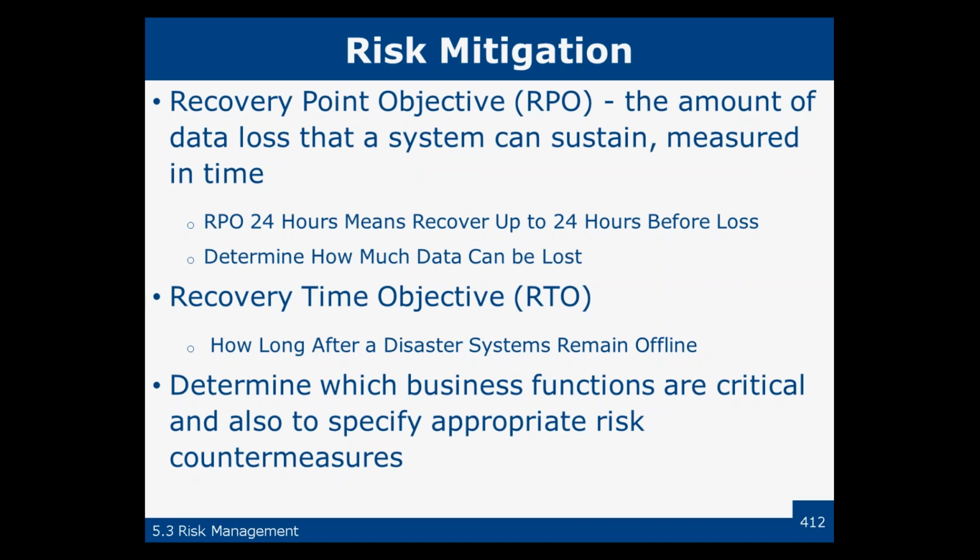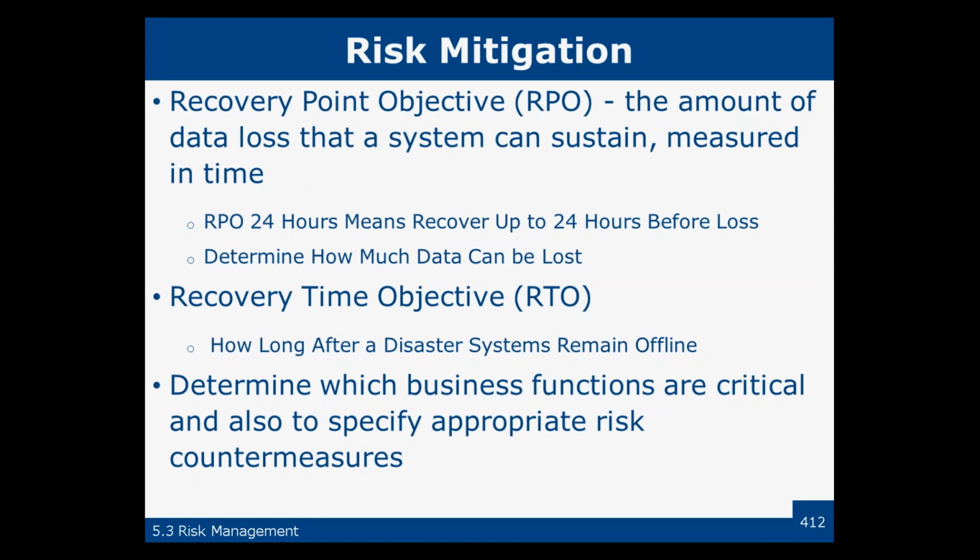A couple more abbreviations, technical terms here. Recovery point objective is the amount of data loss that the system can sustain, measured in time. For instance, an RPO of 24 hours means that we can recover data up to 24 hours before the loss.